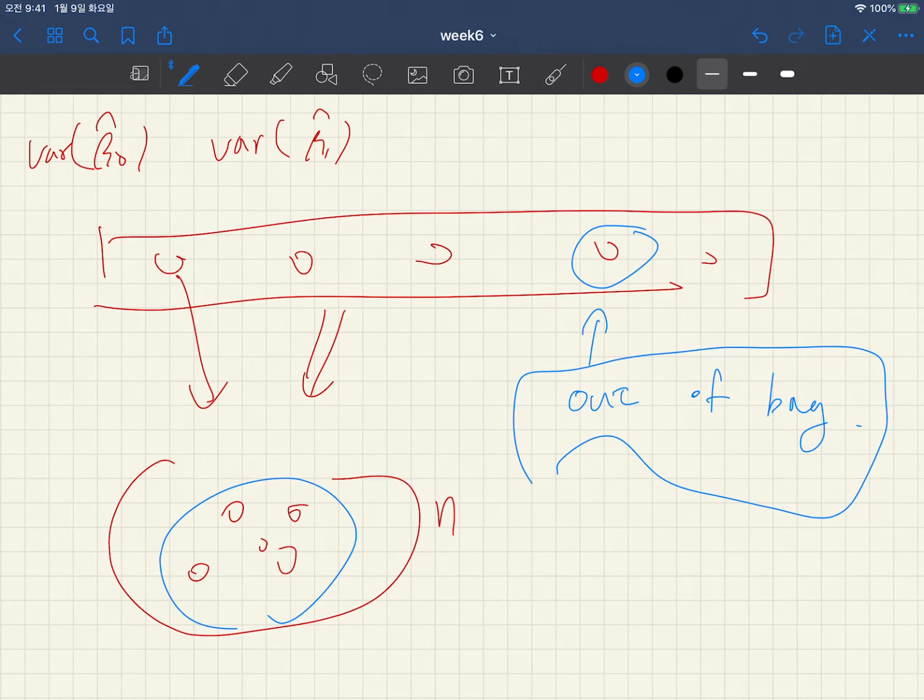Okay. Then what is the size of the out of bag? You can compute the expectation of the size of the out of bag.